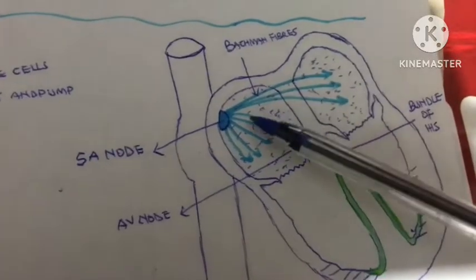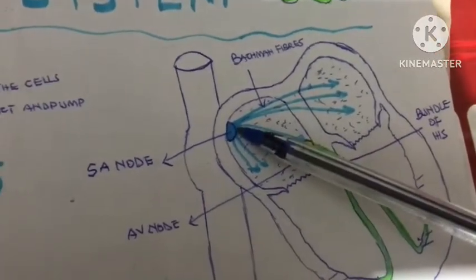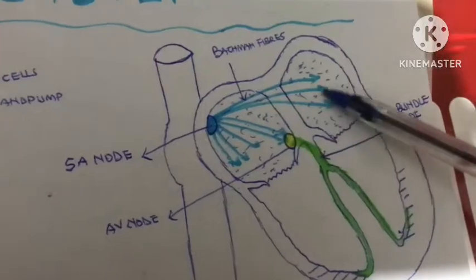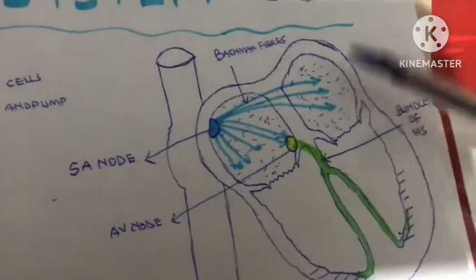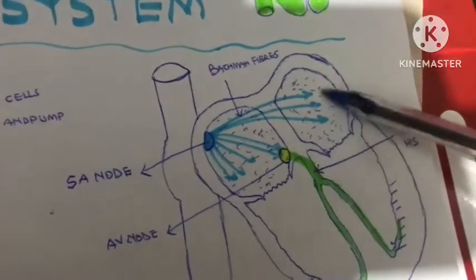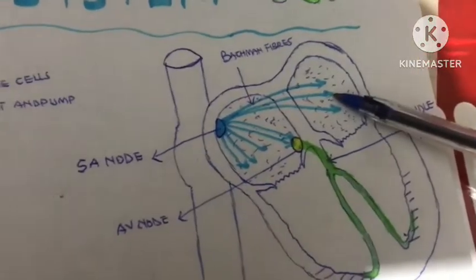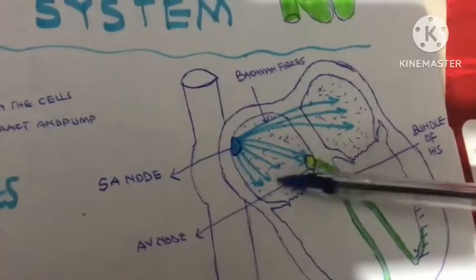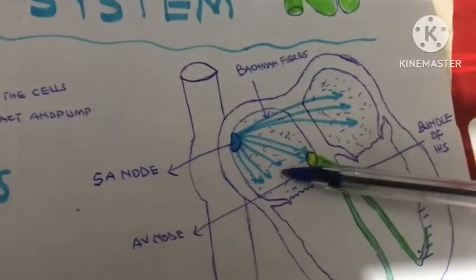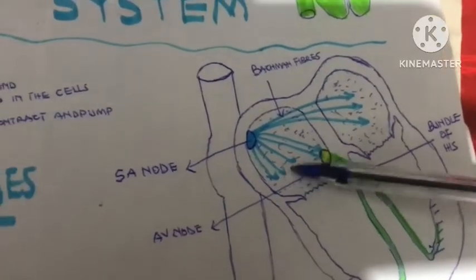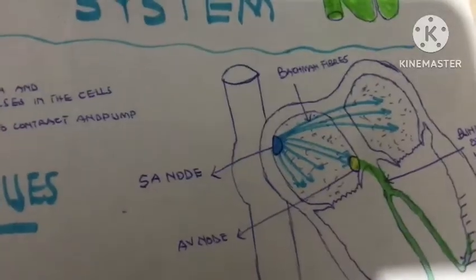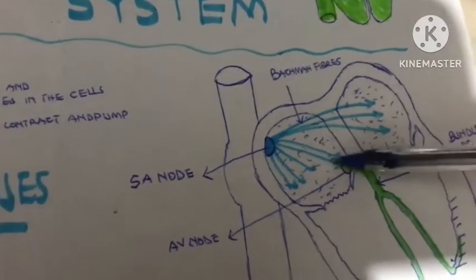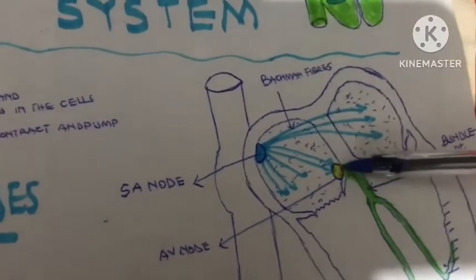So that means some of the electrical impulses pass through these fibers to the left atrium, and they stimulate the left atrium. Hope you understand. And some of these fibers are also attached to the walls of the right atrium, so they stimulate the right atrium too. You understand? And some are also connected to this AV node.